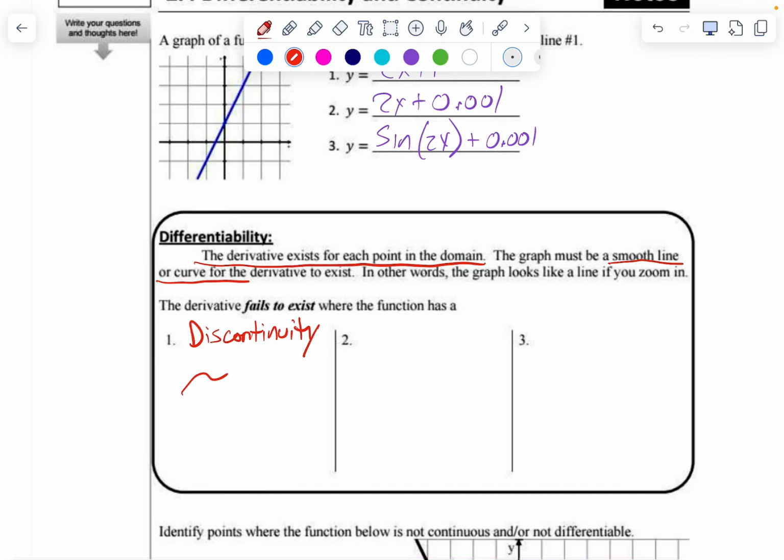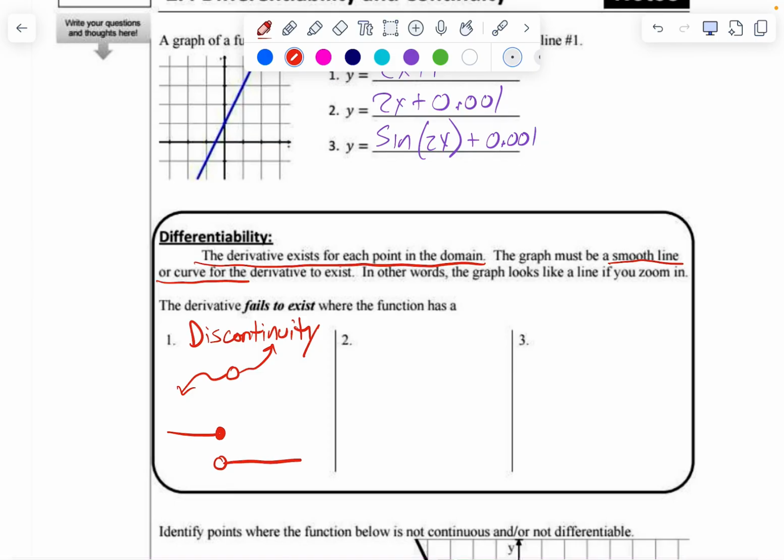Let's say we have some hole in our graph. Why is that not working to take the derivative? True, because we don't even have a point there, right? That point doesn't exist in the domain of the graph. That would be true also for any jump discontinuities. There is no derivative there.